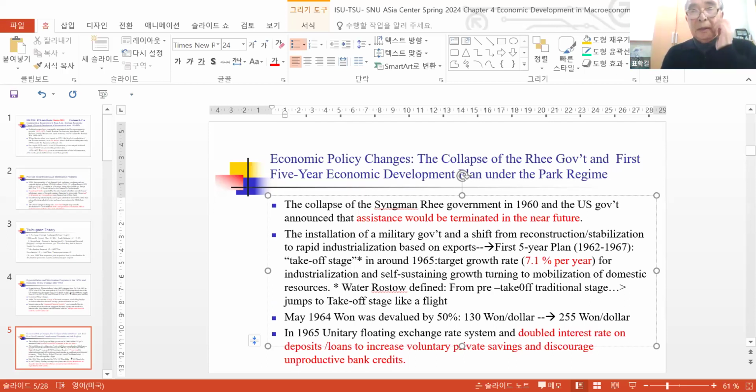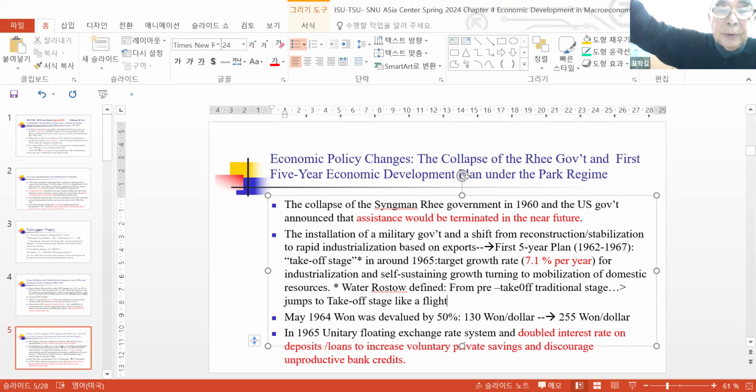And the keyword takeoff is: per capita income was not growing that fast, very slow, a traditional farming society you can imagine. But all of a sudden, the economy is like an airline taking off from the ground.